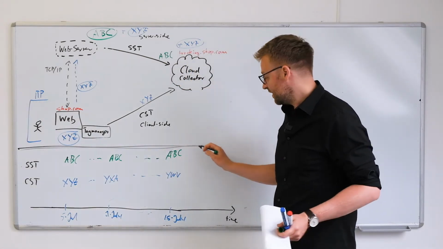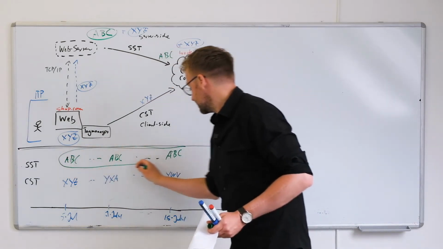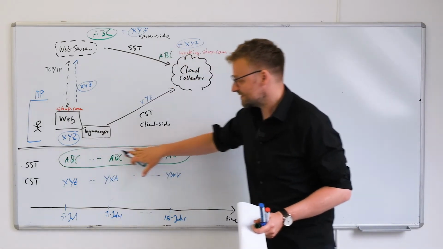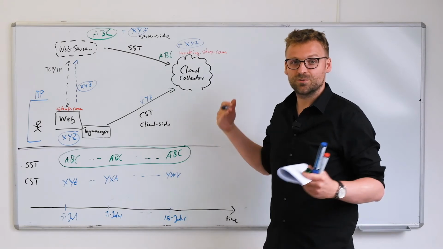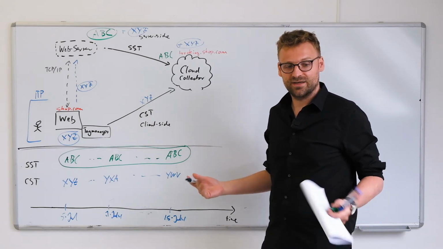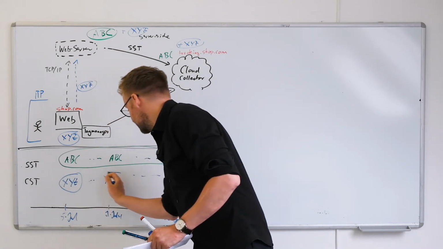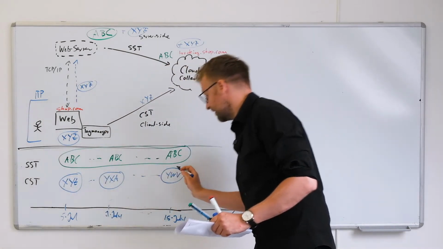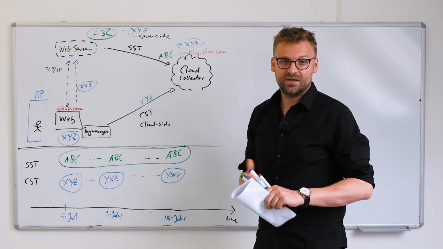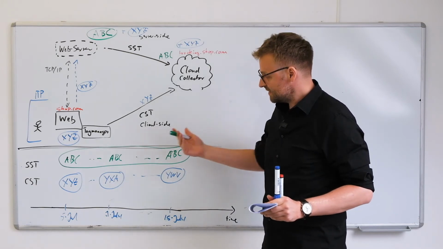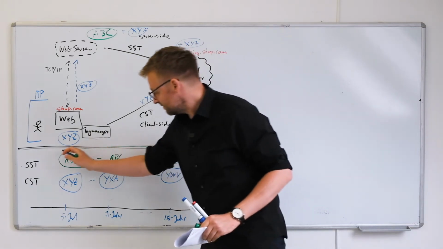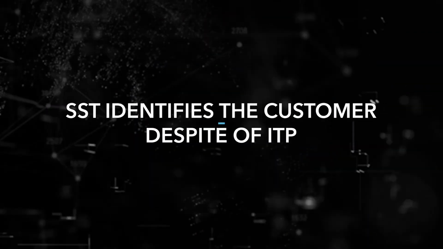Therefore, we have the full understanding that we're always talking about the same customer. Because if we relied only on the client-side tracking data, we would think that we have one customer here, a different customer here, and another customer coming back. The server-side tracking helps us to identify that all of them are actually one customer.